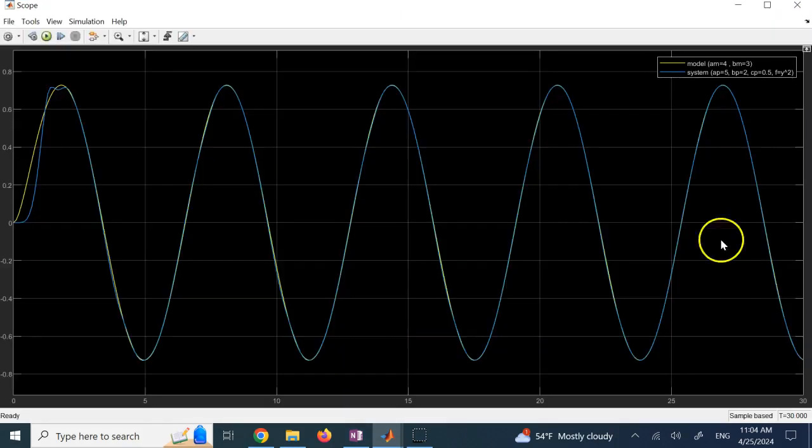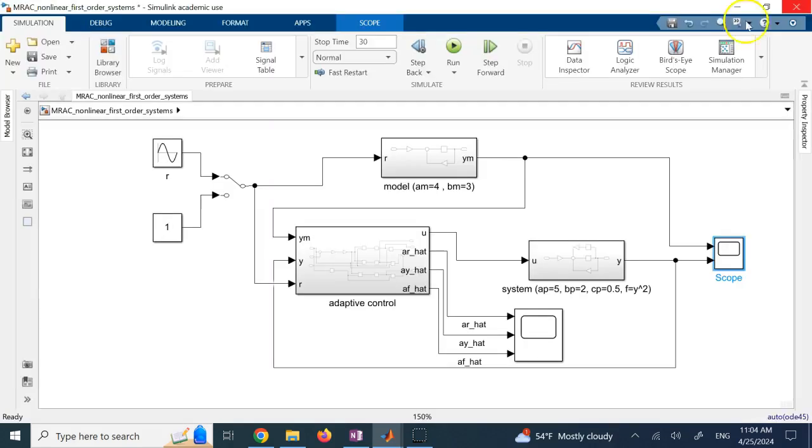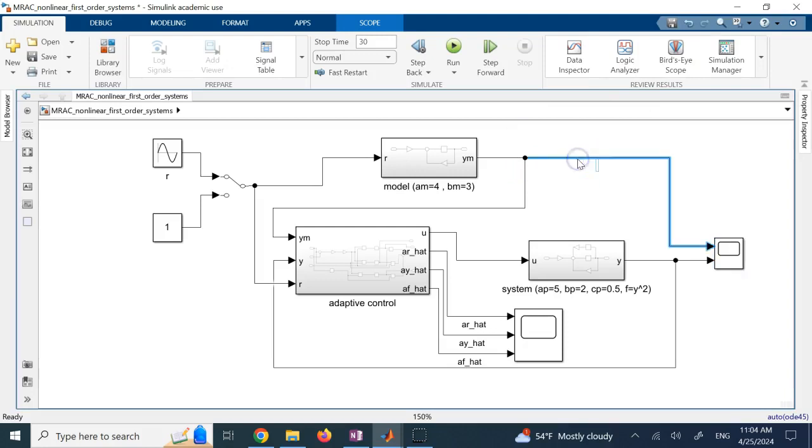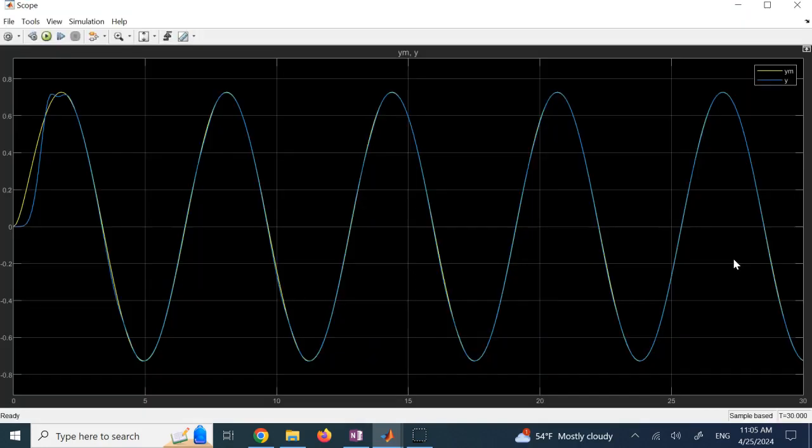As you can see, your system output does match what the model output. And if you want to give them meaningful names, call this YM, call this Y. So when you run it, it is giving you meaningful legends. Okay, here, look, there we go.